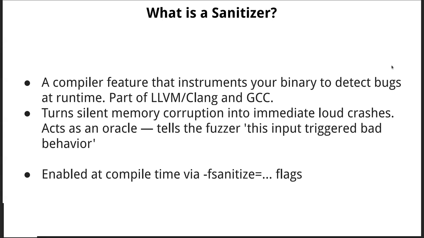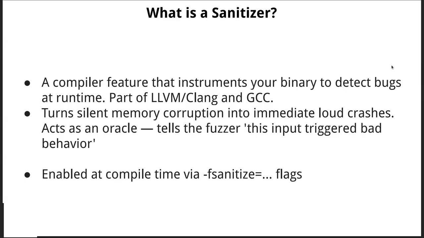So we had sanitizers actually way before we had AFL. The sanitizers we use right now are just built-in implementations in GCC and LLVM. And their job is to turn those silent bugs into crashes.